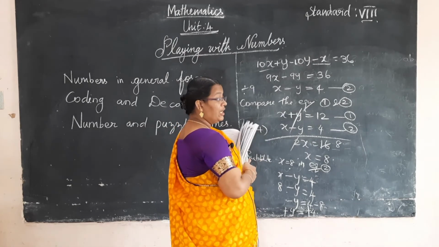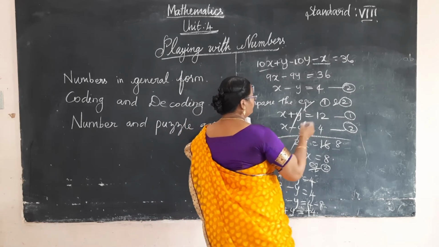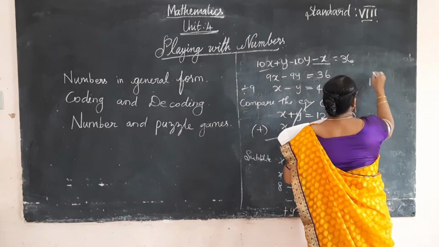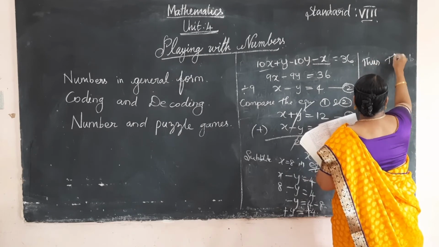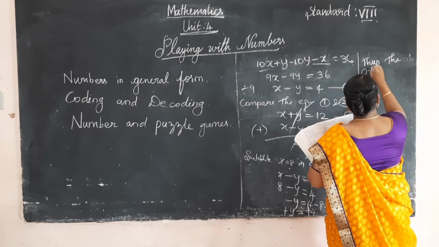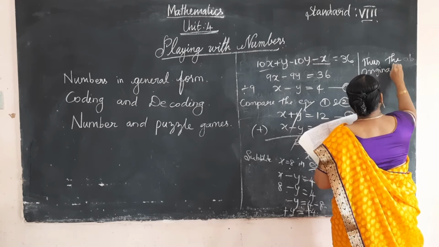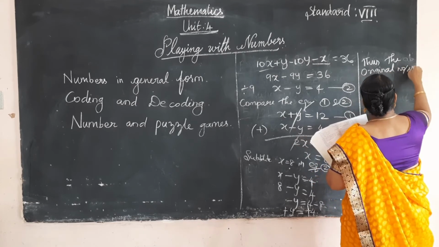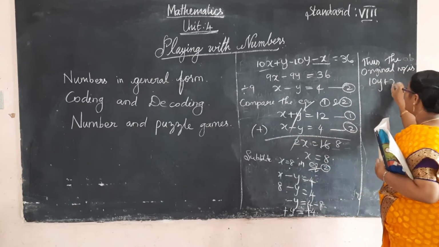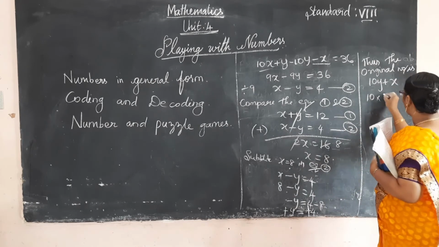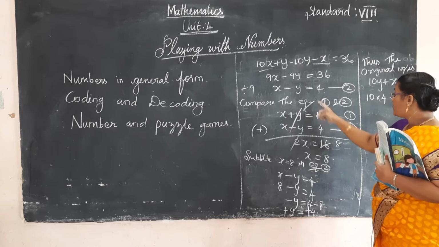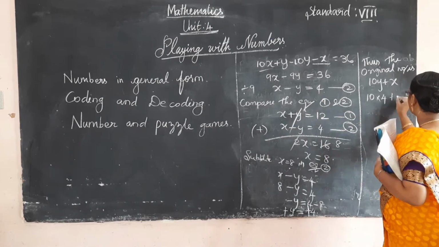What is the original number? Thus, the original number is 10y plus x, is it? So 10 into, what is the y value? 4. What is the x value? The unit value was 8.